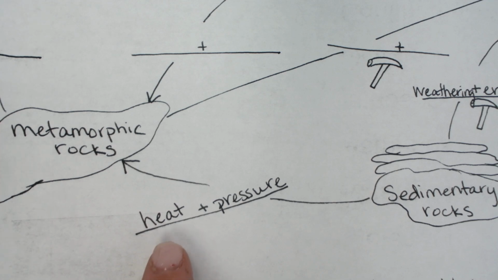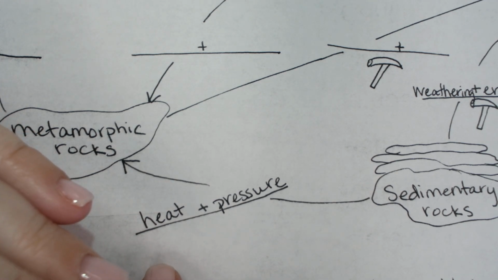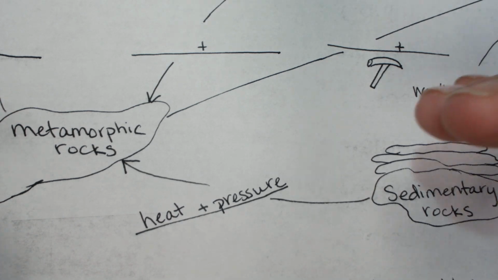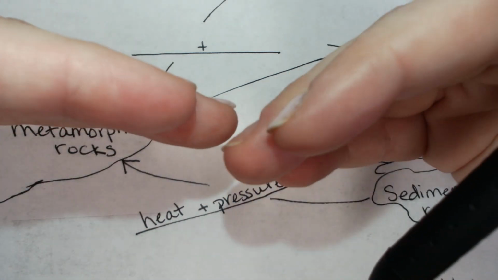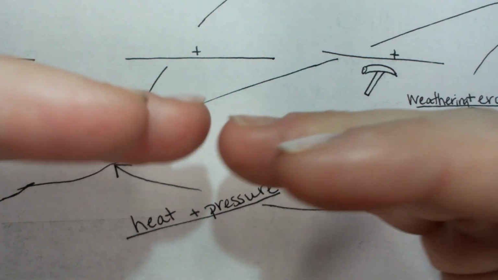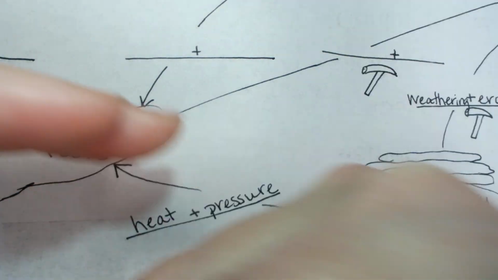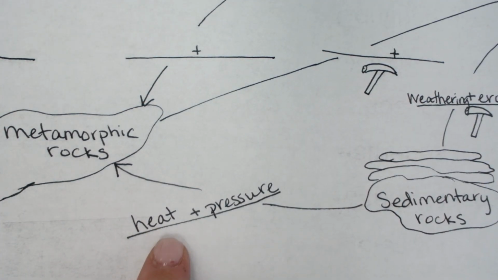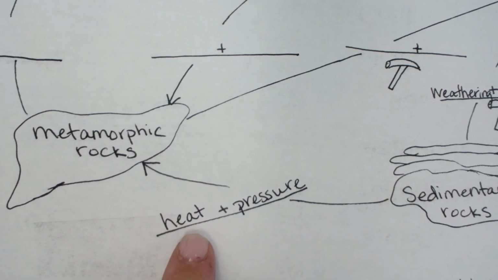You could also subduct a rock. We just got done with plate tectonics. Subduction is where one tectonic plate goes beneath another at convergent boundaries. If you subduct a rock, you build up heat through friction.